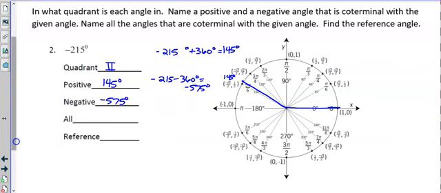And then to get the expression for all of them, it's just negative 215 degrees plus 360 degrees K. Okay, that one's pretty simple. And then your reference angle, once again, make sure you are starting with a horizontal line up to your terminal side. So it's this angle here. So basically, once again, how far is it from 180, or what's the difference between 180 and 145? Difference between 180 and 145 is 35 degrees.